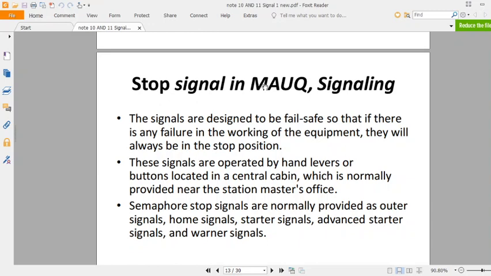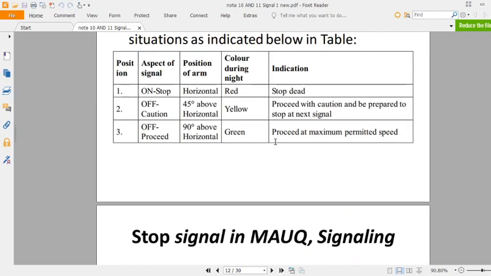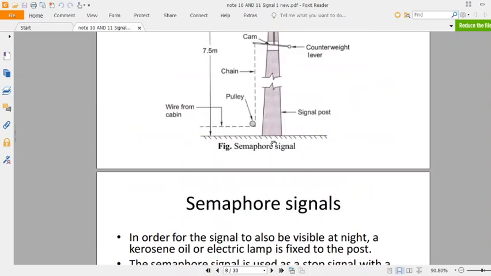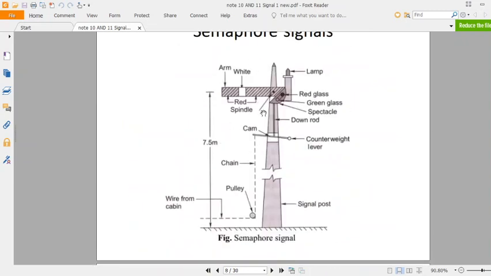The signals are designed to be fail safe, so that if there is any failure in the working of the equipment, they will always be in the stop position. Going to the picture, this is the resting position of a semaphore signal. In that position, the semaphore signal always indicates the red light.